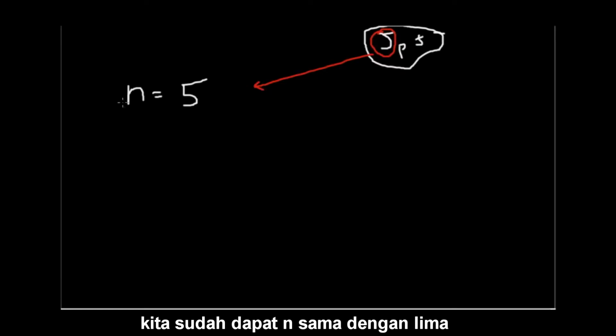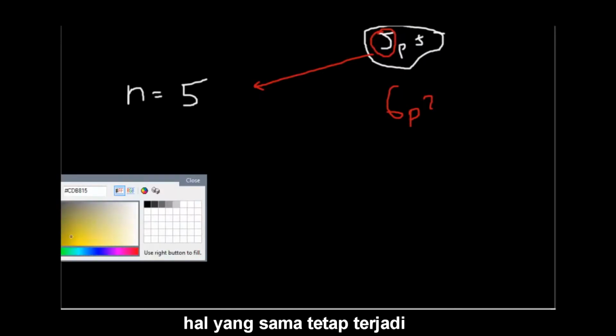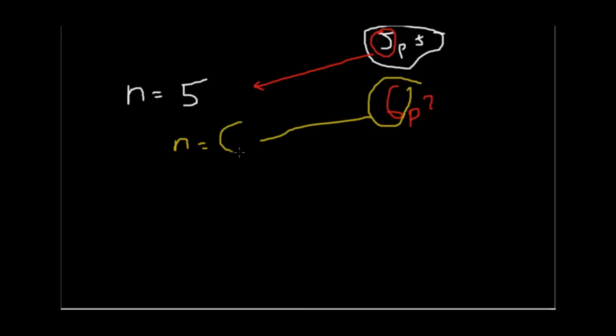So there, we already have N equals 5. So 5 is the main energy level. For example, we have 6p2. The same still occurs. So N would be 6. Yep, that's how you do it.